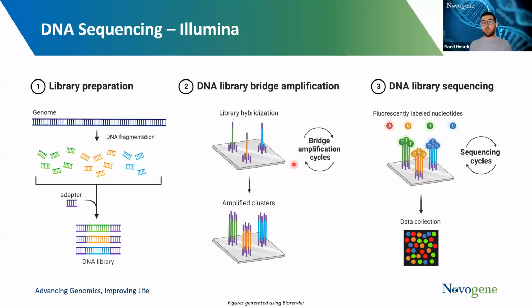Following several bridge amplification cycles, the DNA will be in the form of amplified clusters on the flow cell. During sequencing, fluorescently labeled nucleotides will be incorporated through various sequencing cycles, and meanwhile, the machine will be measuring the fluorescent signal and converting that into a DNA sequence.